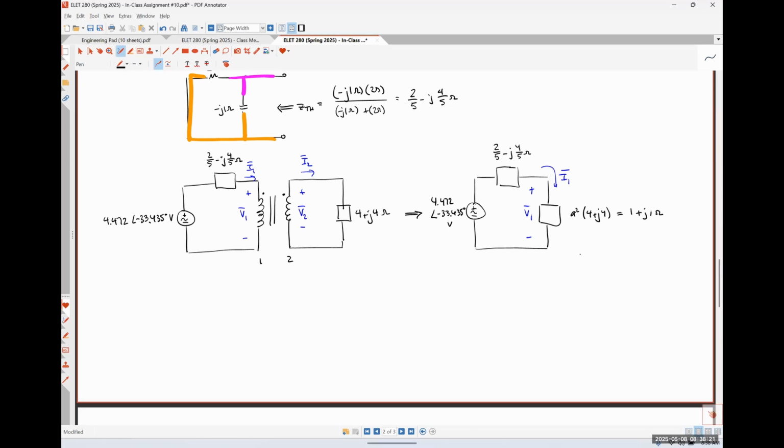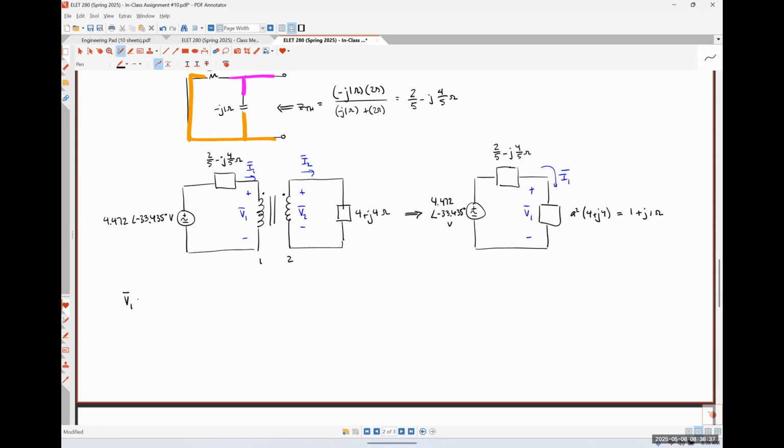So for what it's worth, we could solve for the current first, but I want you guys to get a little bit more comfortable with voltage division because it's not jumping out at you when you can use it. So I'm going to use voltage division to solve for that voltage V1 here, okay?